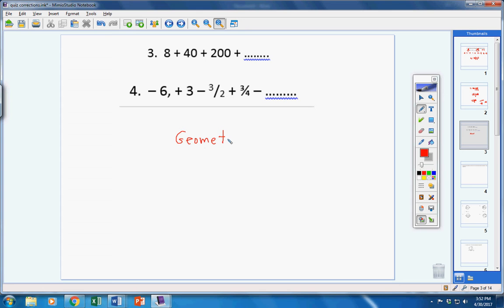Listen to me, I can help you if you'll listen. If you have a geometric infinite series or an infinite sum, you can solve it. Even though it's infinite, you can solve it as long as the absolute value of your r is less than 1 and it has to be greater than 0 too.